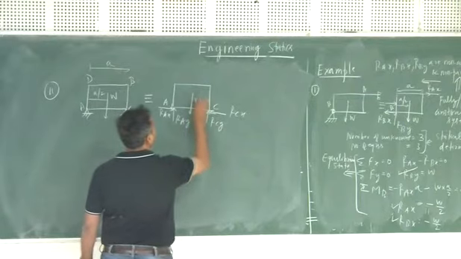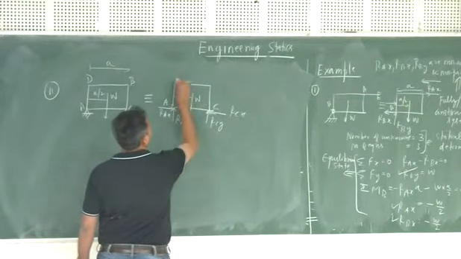Now this is where you are getting your W, A by 2.